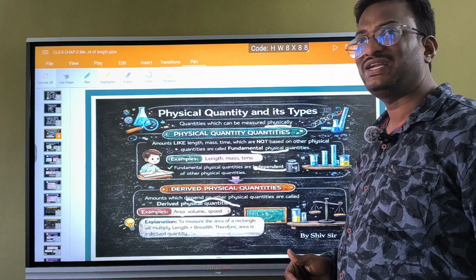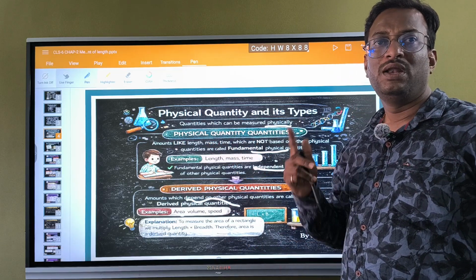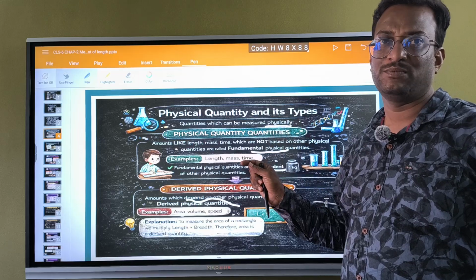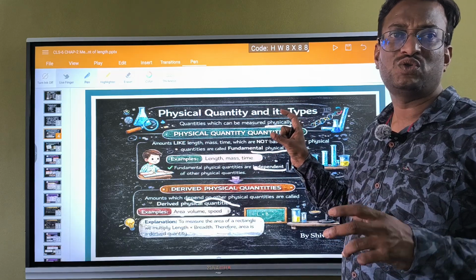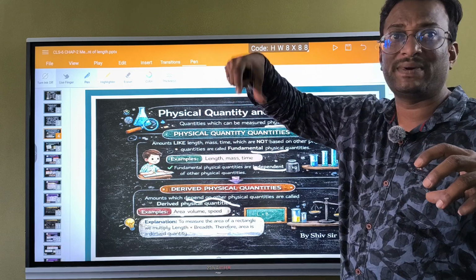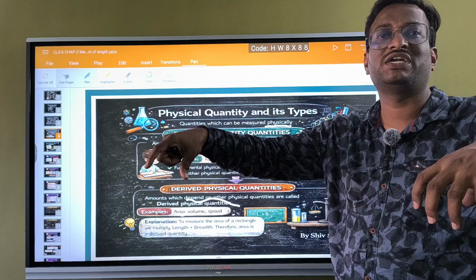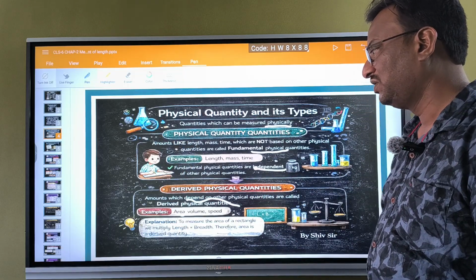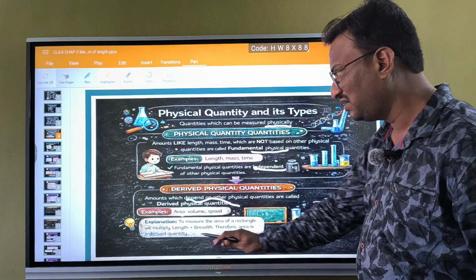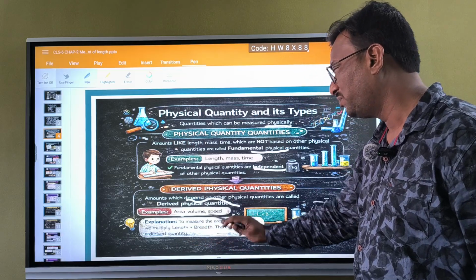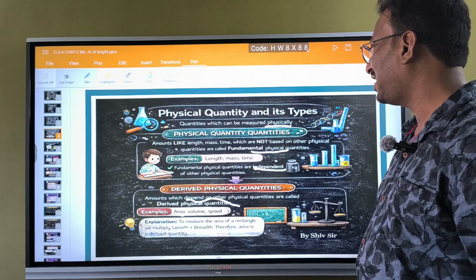Even volume: the formula is length into breadth into height. All three are lengths, so volume depends on fundamental quantities. The quantity which depends on the fundamental quantity is called a derived quantity. To measure the area of a rectangle, we need to multiply length into breadth. Therefore, area is a derived quantity.